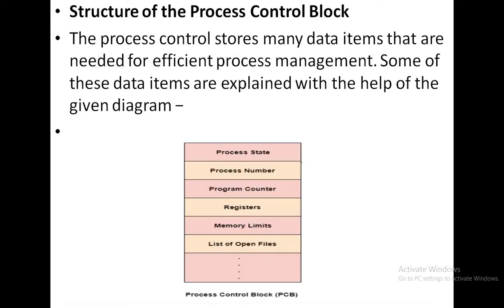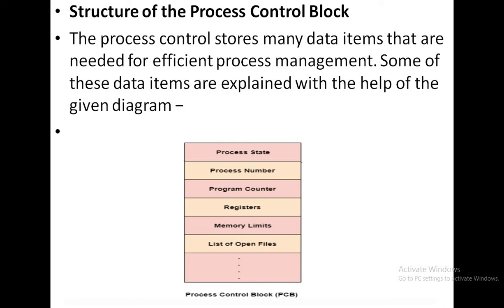So, next is the structure of the process control block. That means how the process control block looks, or what the different data items are that are used inside its structure. The process control block stores many data items that are needed for efficient process management. Some of these data items are explained with the help of the diagram.